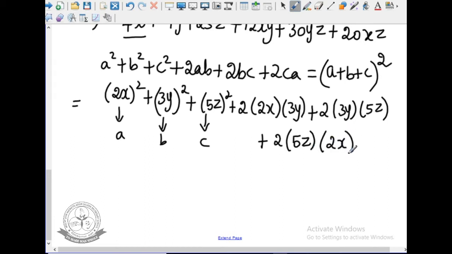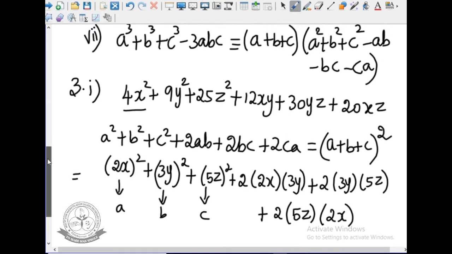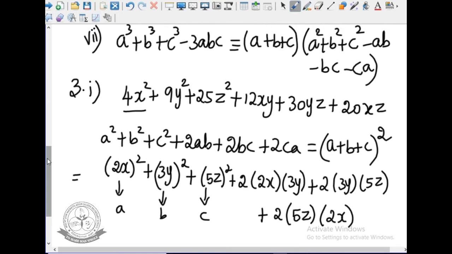You can check it once. 2 into 2x, 2 twos are 4, 4 threes are 12, so 12xy. Then next, 2 into 3, 6, 6 into 5, 30, so 30yz. Then 2 fives are 10, 10 into 2, 20, so 20xz.